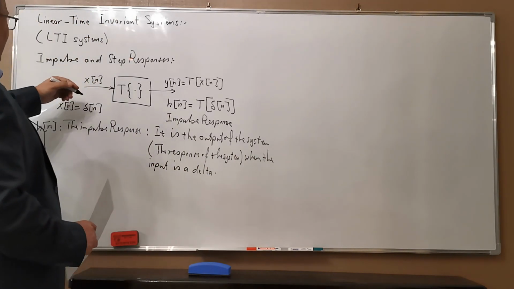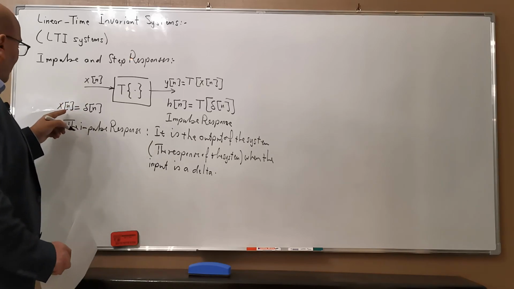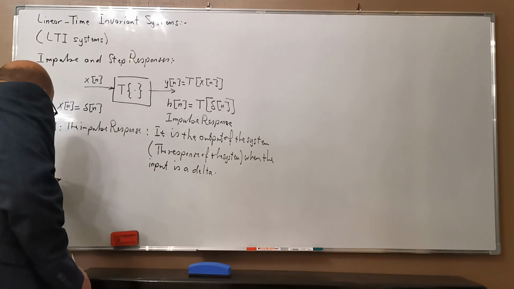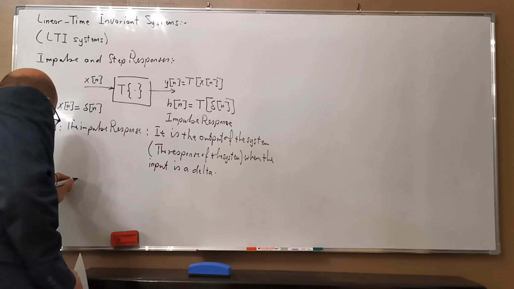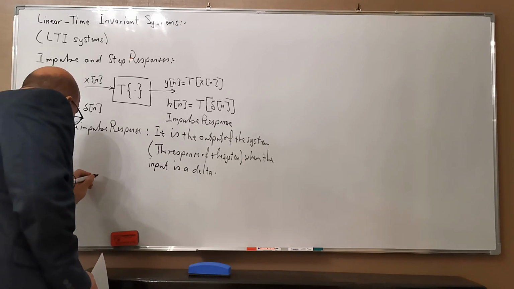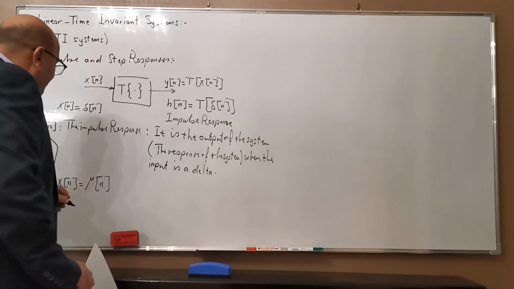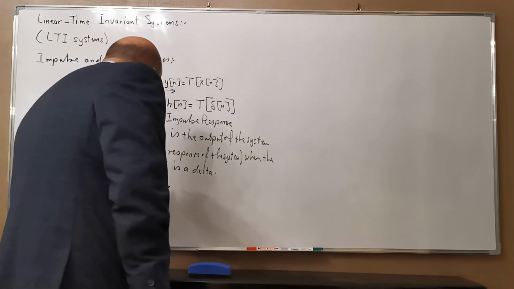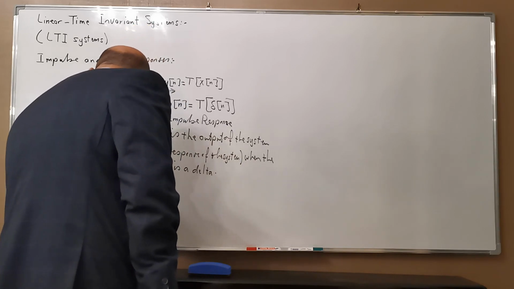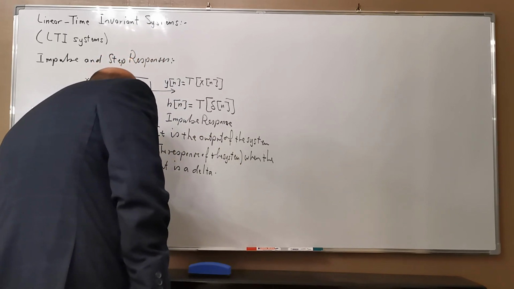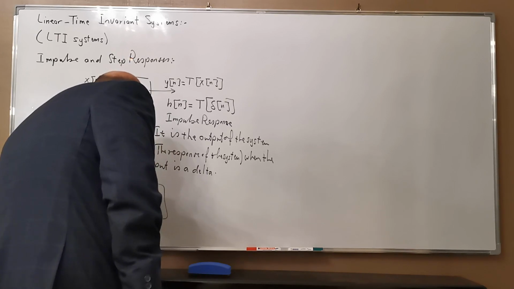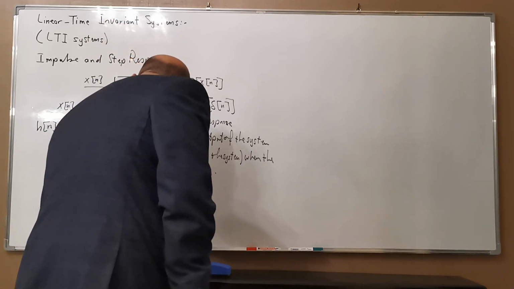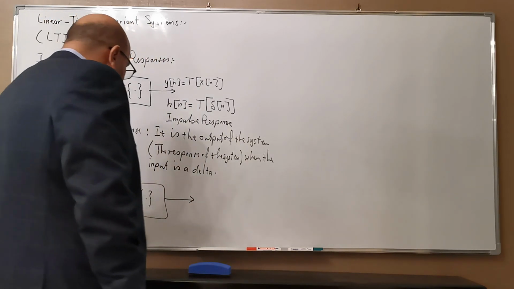In the same analogy, we can say that if we apply x of n equal to mu of n, the step input, then y of n has a special name for the output.